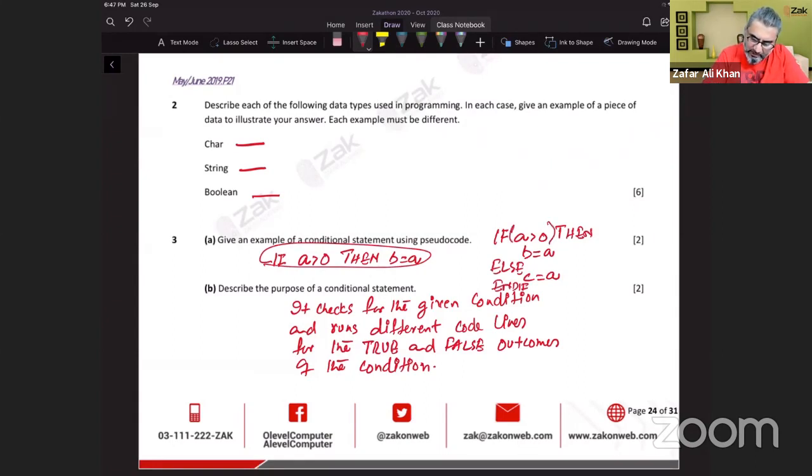If this condition is true, B will become A, else if this condition is false, then C will become A. So this definition now fits in. It checks for the given condition and runs different code lines for the true and false outcomes of the condition.